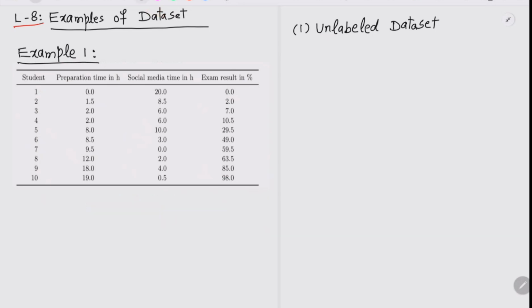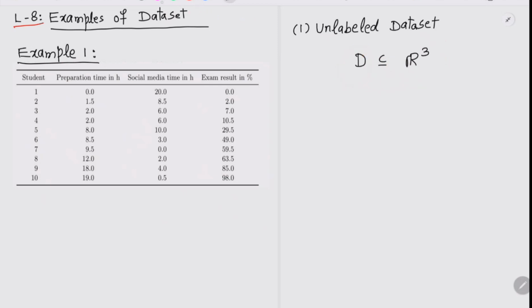So the data set will be a subset of R cube, where you have a bigger space R cube with three elements, and the data set is a subset of this R cube.